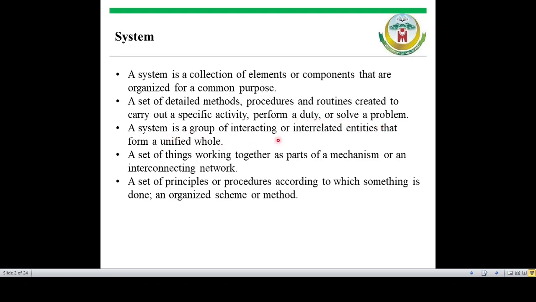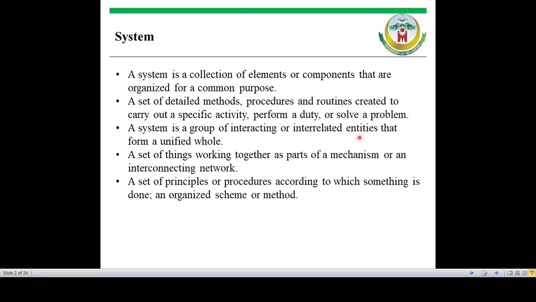A system is a group of interacting or interrelated entities that form a unified whole.